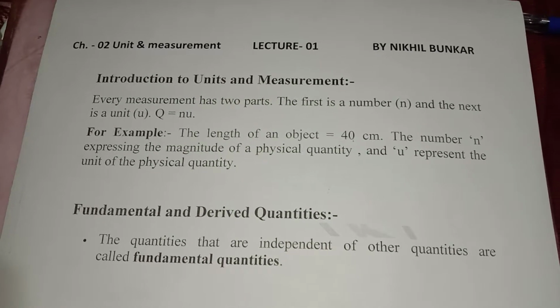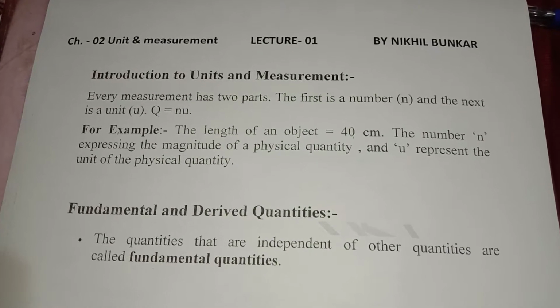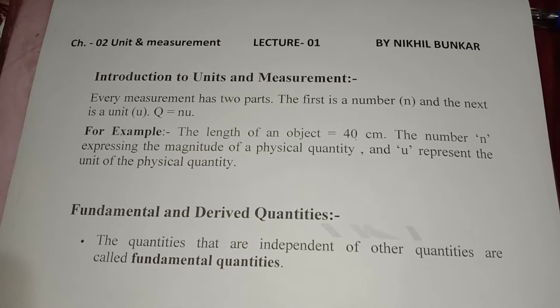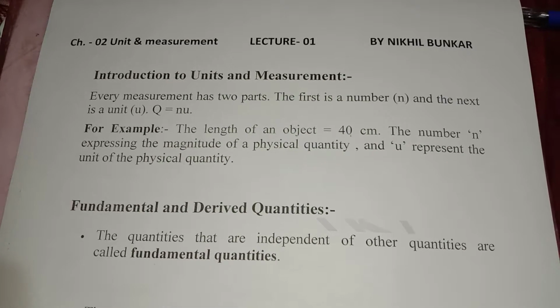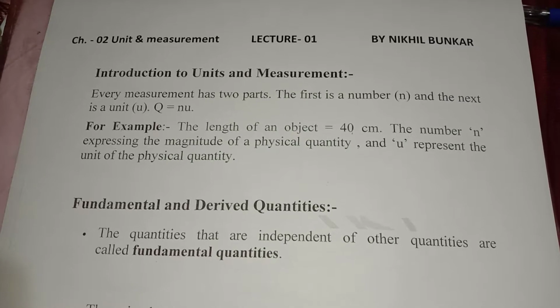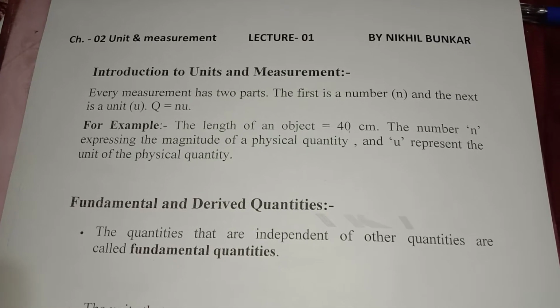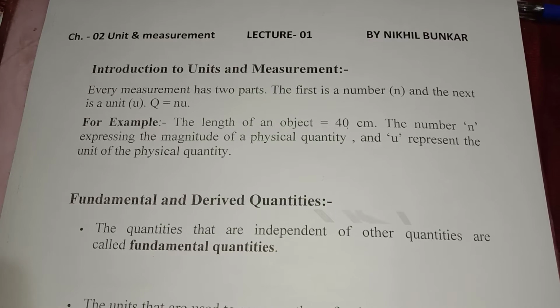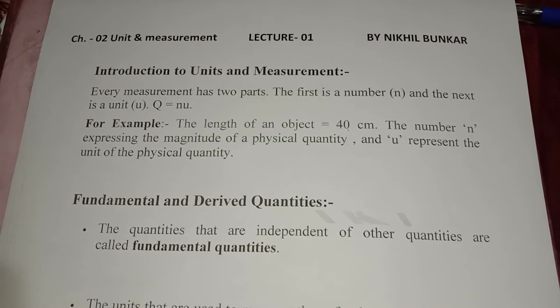But now in the second chapter, we are going to discuss the unit and measurement of physical quantities. As we all know, every physical quantity is represented by some unit.